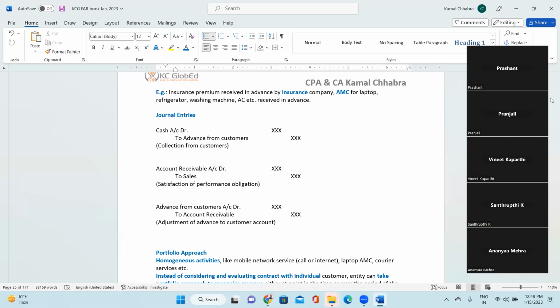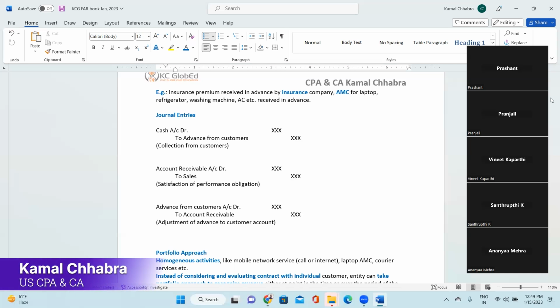Now you have already received money in advance. You are not going to receive the money again from the customer. So you need to settle the advance against the account receivable. You will release account receivable by crediting account receivable of $1,000 and debiting advance from customer by the same amount. So now at the end of the month, you have advance from customer of $11,000 and revenue of $1,000.